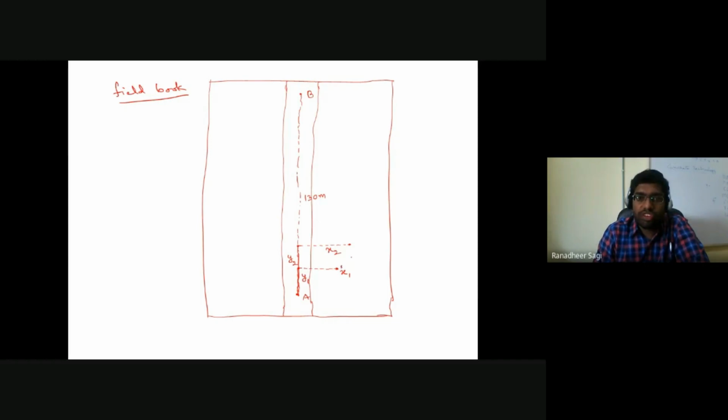This is the position of your first pole. This is the position of your second pole. And likewise, from point A at a chainage distance of y3, you have a corresponding offset distance x3, at which you have another pole. And for the next, from point A at a chainage distance of y4, for a corresponding offset distance of x4, you have another pole.